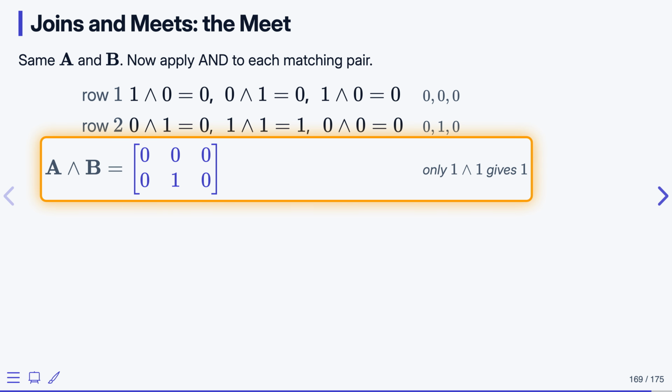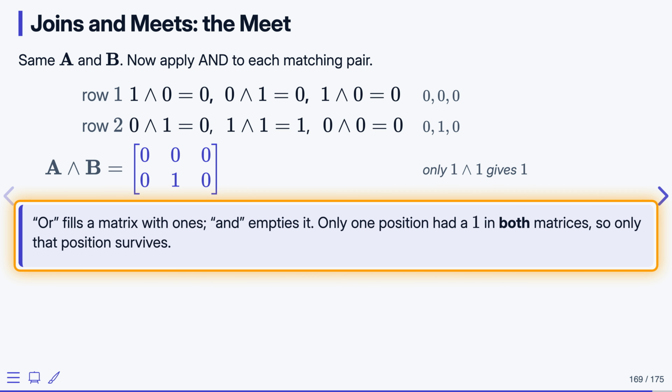Collect them. The meet is all zeros except a single 1 in the middle of the bottom row. Compare the two answers: "or" filled the matrix with 1s, and "and" nearly emptied it. That makes sense. Only one position had a 1 in both matrices, so only that position survives the meet.